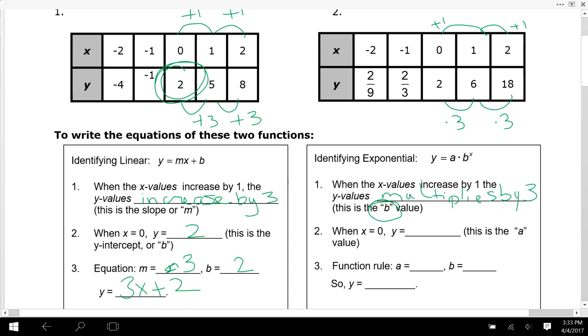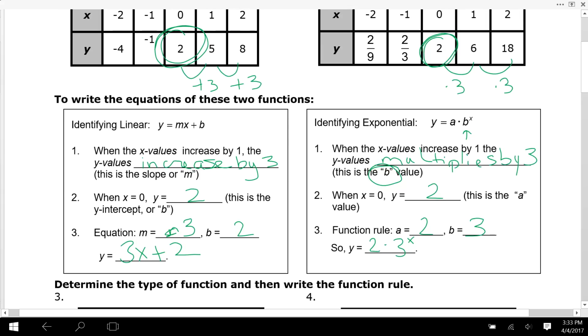So this is the b, so it's not the same as when we're doing linear. This is my b value, the one that's going to get the x exponent. And when x equals 0, y equals 2, and that's my a. So a is 2, b is 3, y equals 2 times 3 to the x.